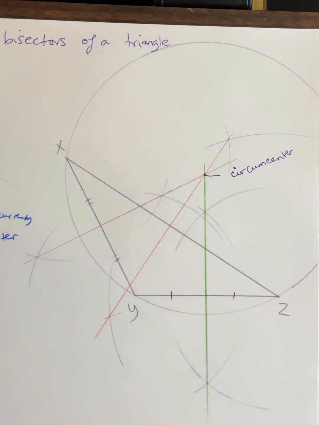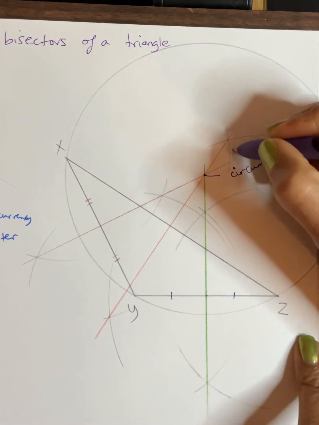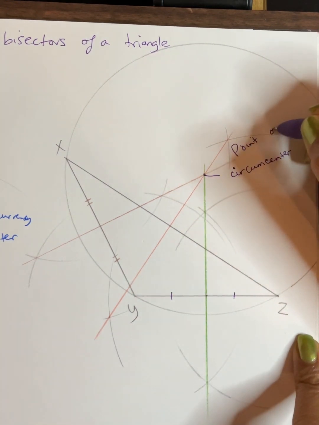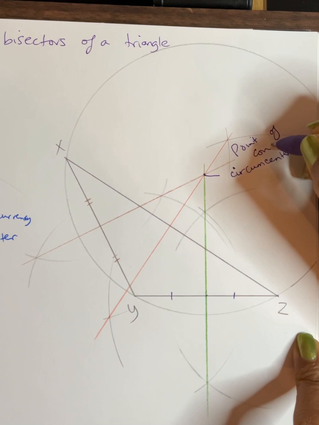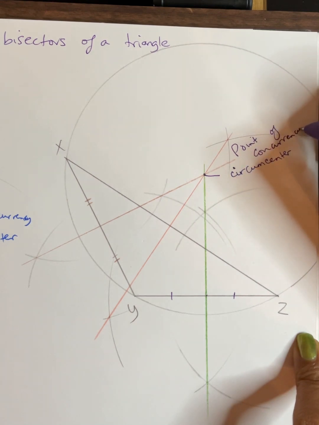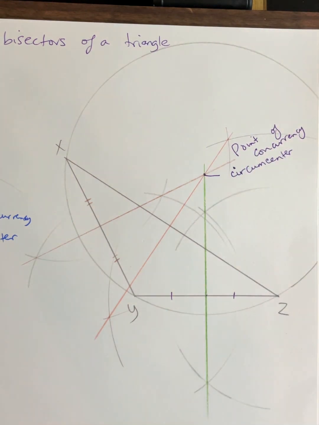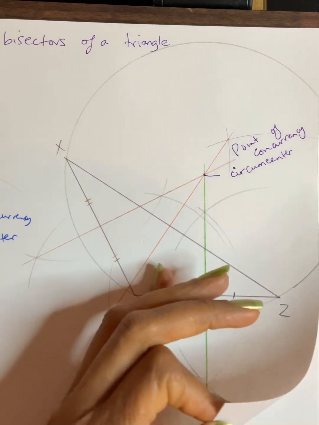And as I said, this is also what we call the point of concurrency, where three perpendicular bisectors meet in a triangle, or pertaining to a triangle, is called the circumcenter.